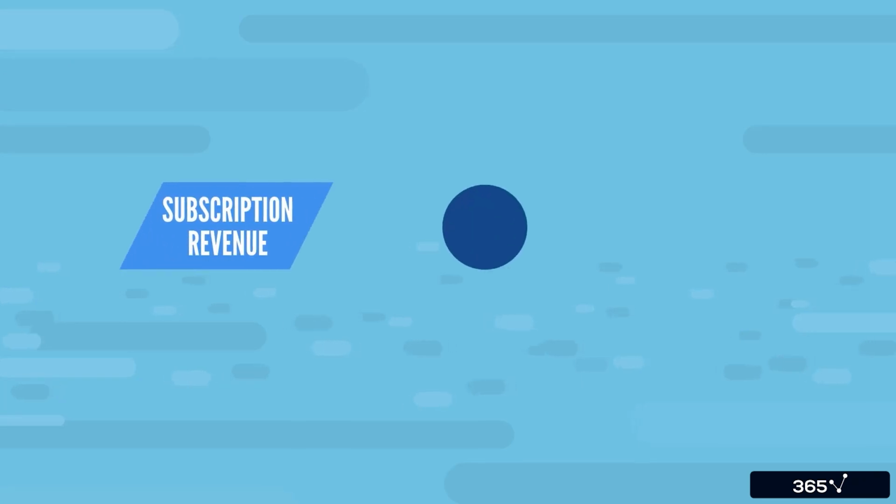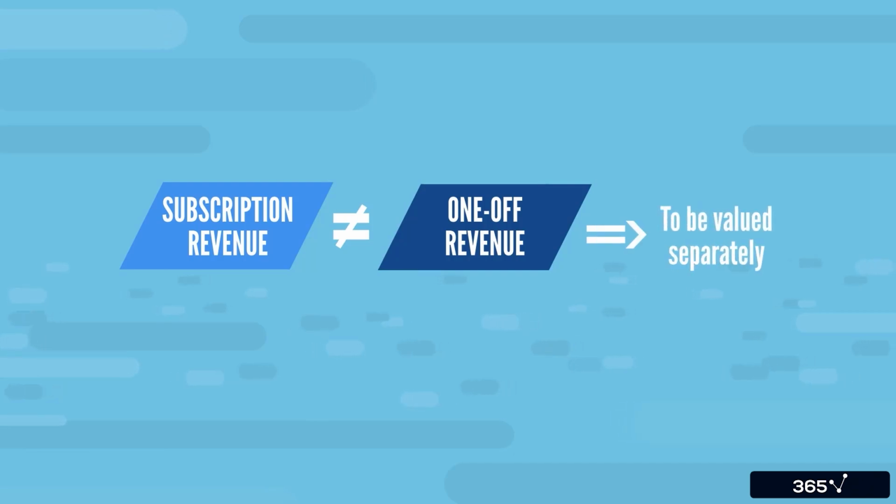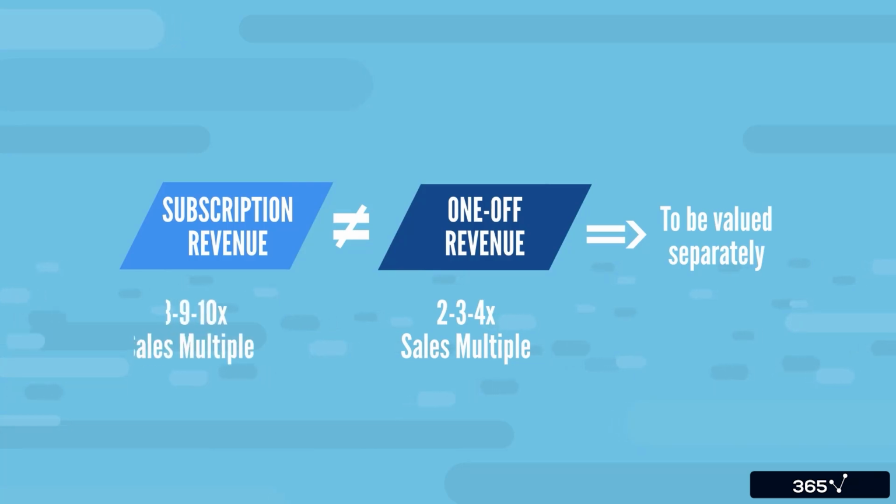In this context, we can say subscription earnings and earnings from one-off sales aren't equal and should be valued with a different multiple. A very rough example would be 2, 3, or 4 times revenue for one-off sales and a much higher multiple of 8, 9, 10, or even more for subscription revenue.